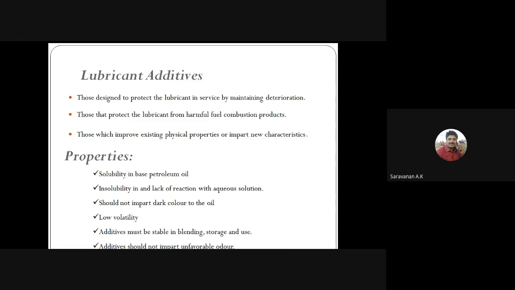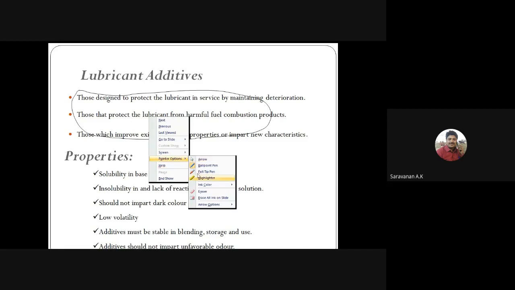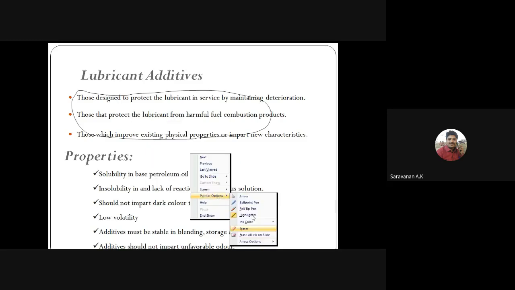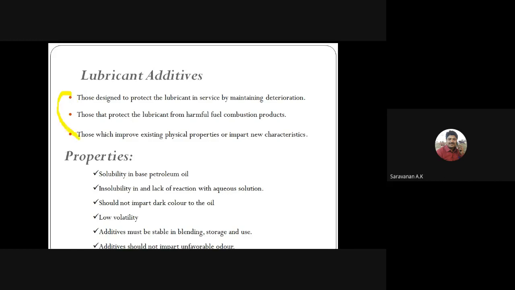Most of the modern lubricant additives can be classified into these three types, and it's important. The first are those designed to protect a lubricant in service by maintaining it against deterioration. The second are those that protect the lubricant from harmful fuel combustion products.